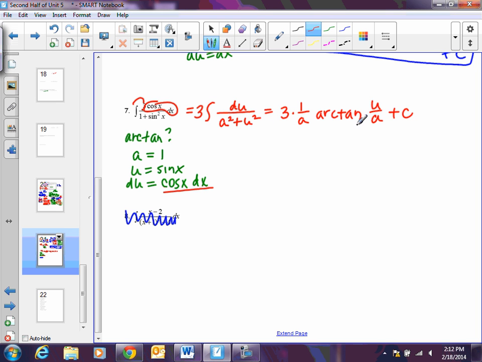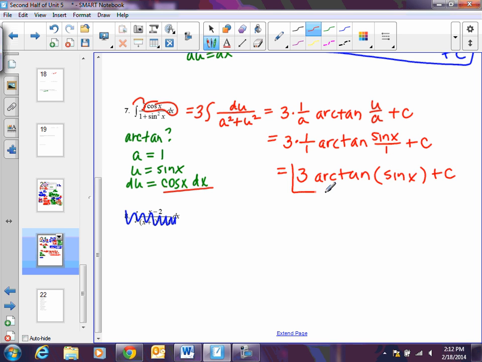The more you write this down, the more it's going to be a way for you to remember these formulas. 1 over 1 arctan sine x over 1 plus c. To clean it up just a little bit, it's going to be arctan, and then this would be in parentheses. I haven't put bounds on any of these, but you can evaluate these at bounds, just like anything else. But you're not going to have to worry about that.